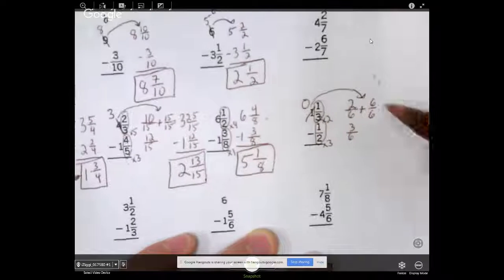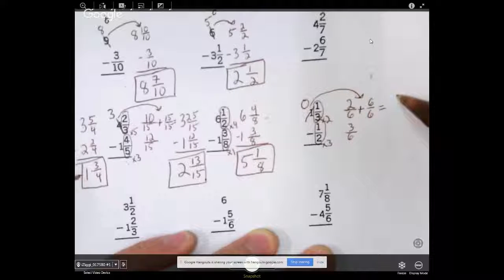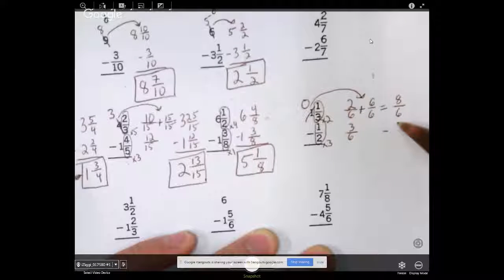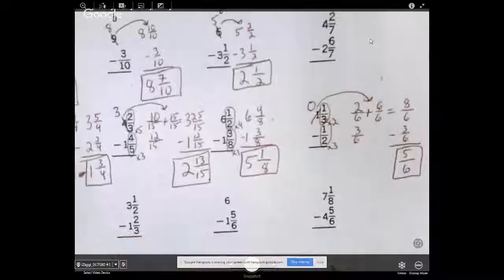Okay, now I can add, they have the same denominator. 2 plus 6 is 8 over 6. Minus this 3, 6 just stays. Okay, 8 minus 3 is 5/6. And now I had a 0 there, so I don't need to bring over a 0. So this just stays 5/6.